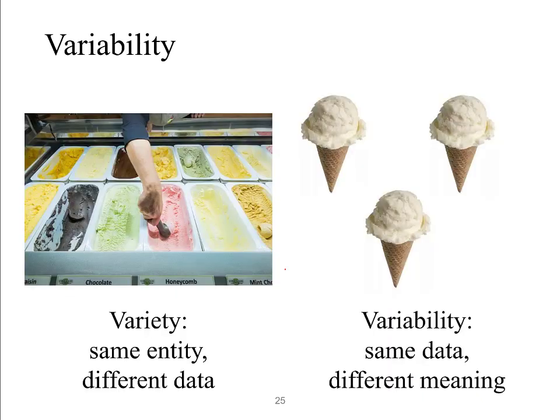Now let's move to the next V. That would be variability. Variability and variety sound similar to each other, but there are certain differences. Let's use ice cream as an example. When you walk into an ice cream store, you would see a lot of different flavors.